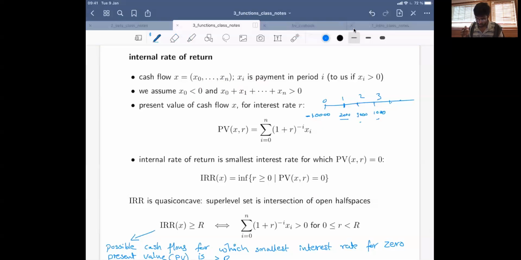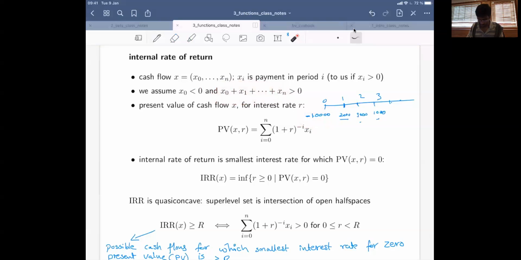Now what we need is that when you sum all this, it has to be positive, right? Then only you will get a return. This 10,000 is the x0 that you spent initially, and these are your returns here. When you sum all of these, at least you have to get that to be positive. Otherwise you are in a loss.